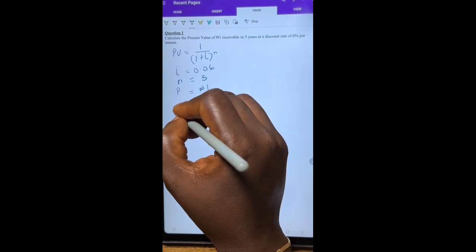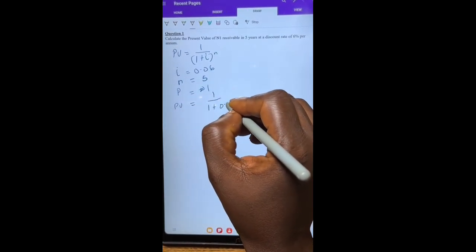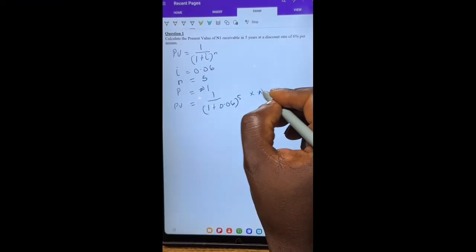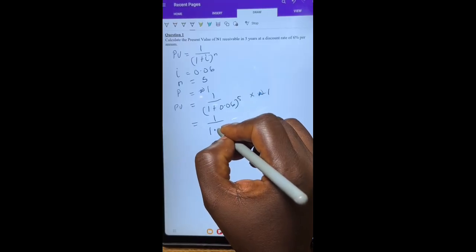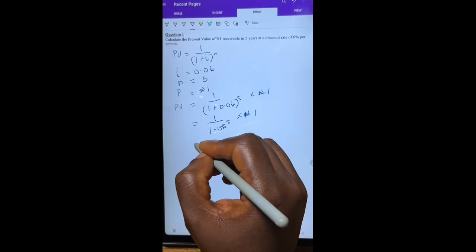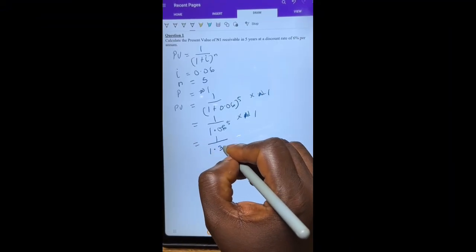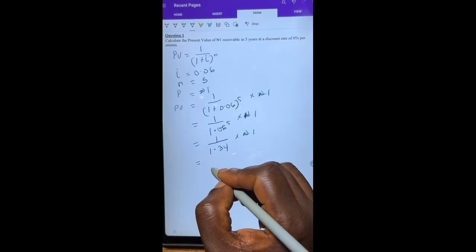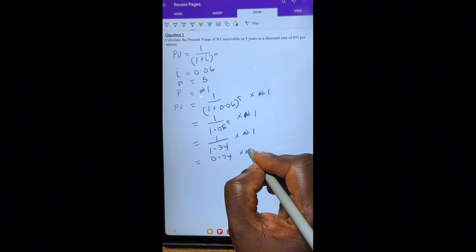So using the formula, we say PV is equal to 1 over 1 plus 0.06 raised to power 5 times 1 naira. And then that gives us 1 over 1.06 raised to power 5 times 1 naira. And that gives us 1 over 1.34 times 1 naira. And that gives us 0.74 times 1 naira.